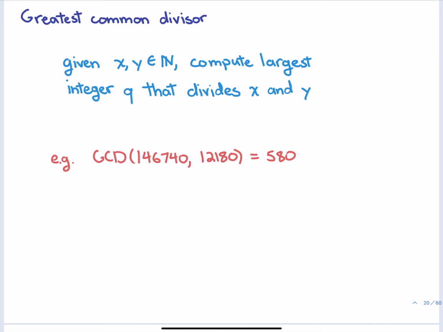The input size is 6, and it already stumps us. So I thought I'd give you a chance to think of an algorithm to solve this problem. I give you as input x and y, and you want to output the largest value q that divides both x and y.